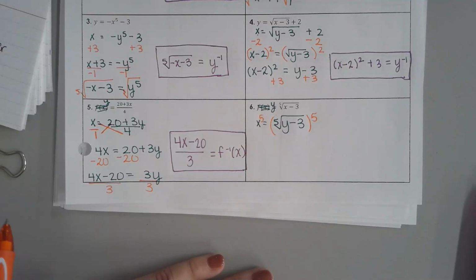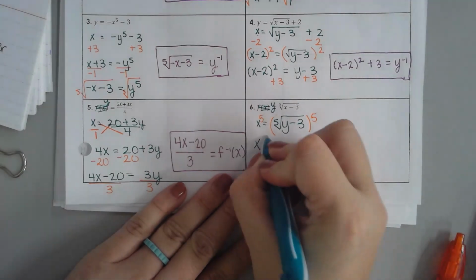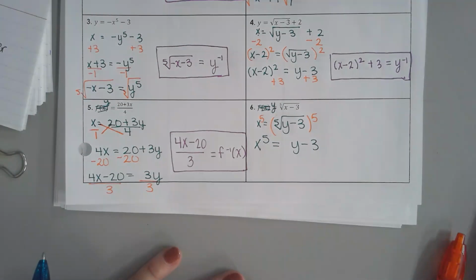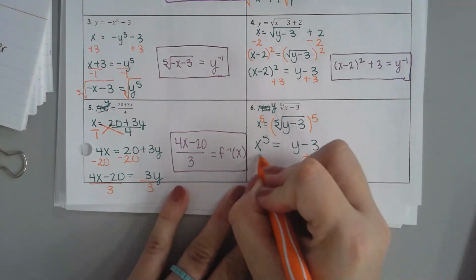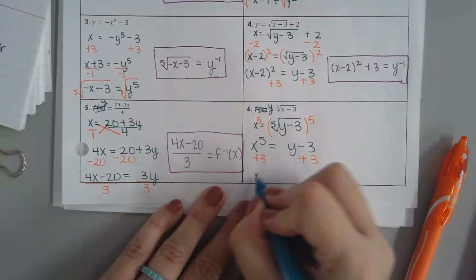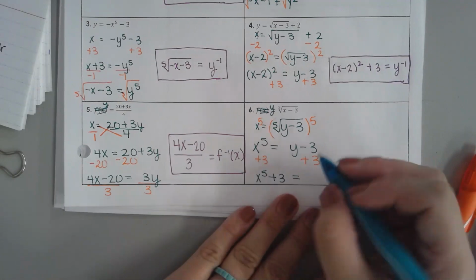You can, sure, it's fine. It doesn't matter. x to the fifth equals y minus 3. And then the only thing left is to add 3. And I get x to the fifth plus 3 equals y.